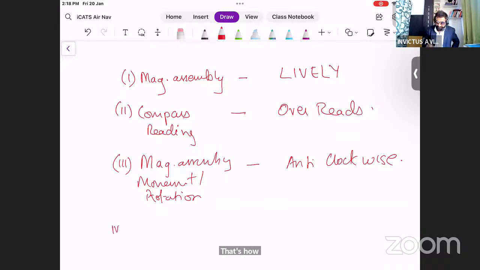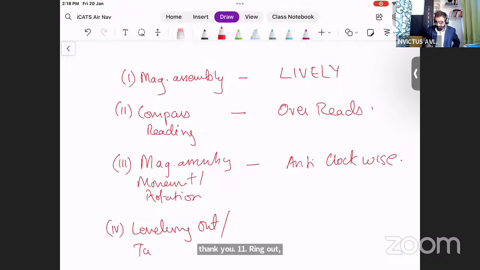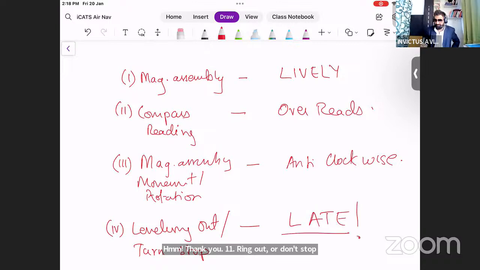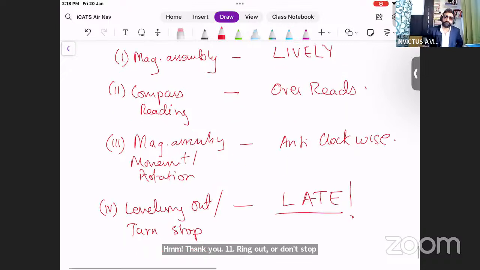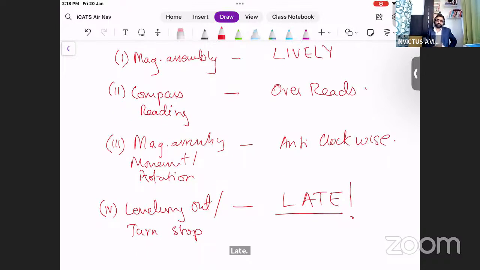What is the fourth element? Leveling out or stopping the turn. Thank you. Leveling out or turn stop. Late. What does it mean then?